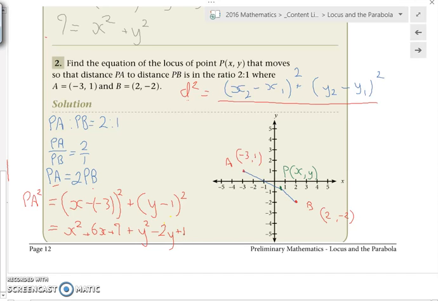Now, we can simplify that by getting rid of the, you've got plus 9 plus 1. So that's x squared plus 6x plus y squared minus 2y plus 10. Cool? Now we've only done one distance, right? We have worked out the distance between A and P. Is everyone happy with that?